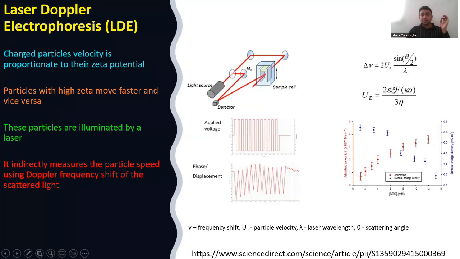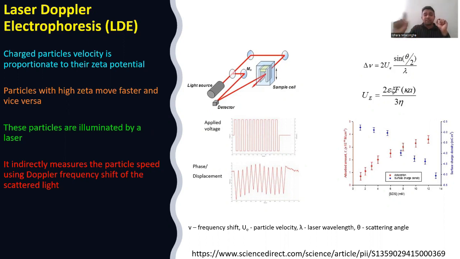Which is this zeta? Charged particle velocity is proportionate to their zeta potential. That is the basis for LDE. If the particles are charged, their charge density, or the zeta potential, is directly proportionate to their velocity.